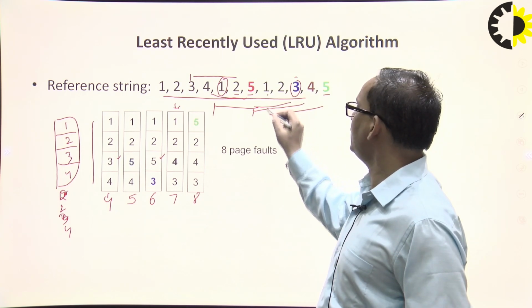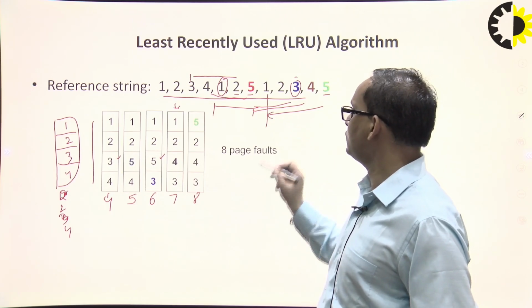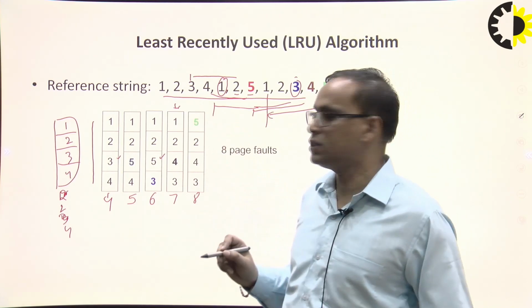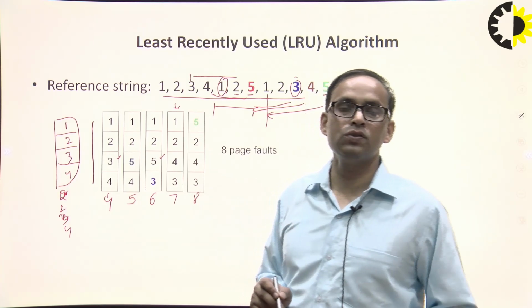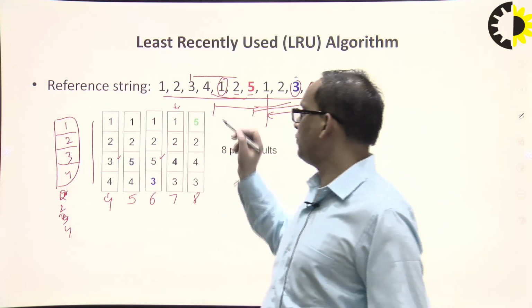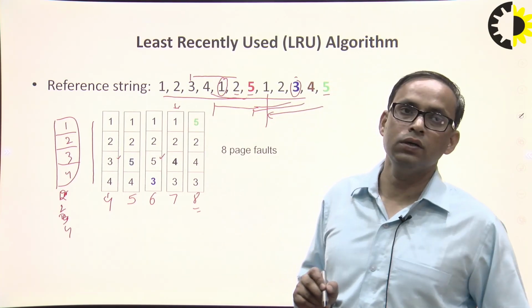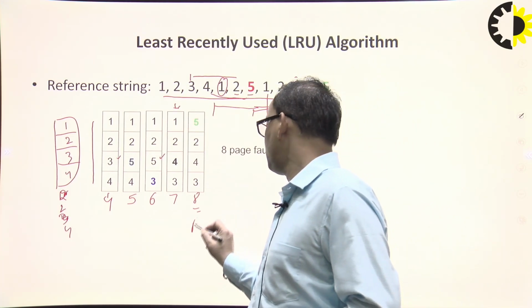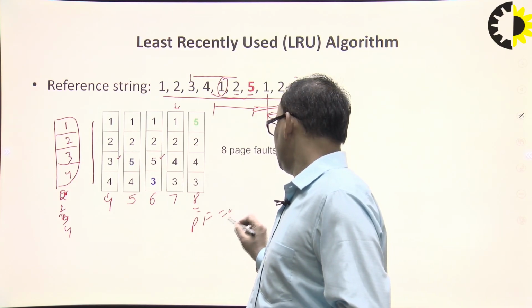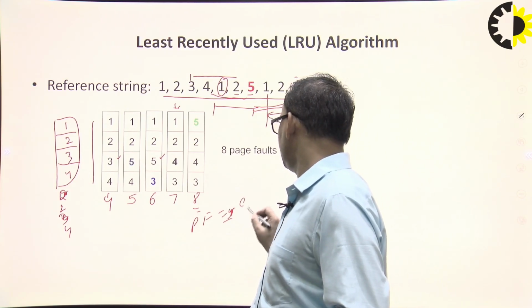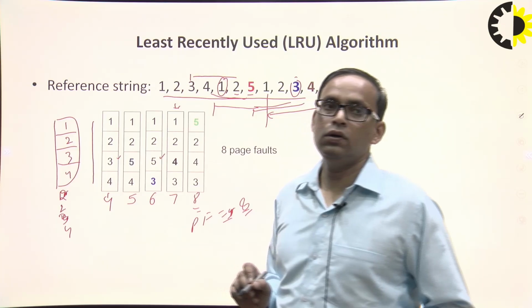Page number 1 is not referred to for the longest period of time, so page number 1 will be selected for the replacement. It means page number 1 will be swapped out and page number 5 will be swapped in. So if we apply the LRU policy on this problem, then the total number of page faults becomes 8.